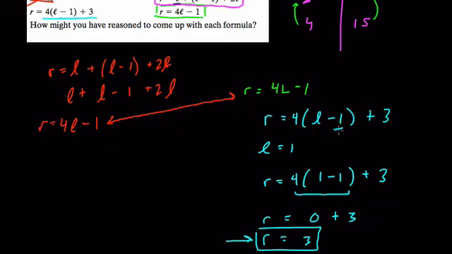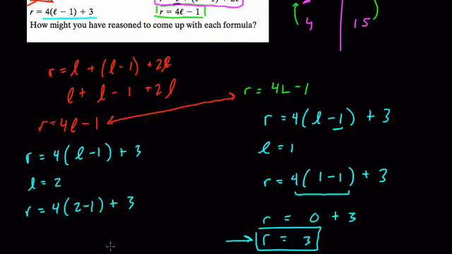So you subtract 1 from the length to get the 0, and then it's 4 past that. So the rods equal 4 times L minus 1 plus 3. If the length equals 2, let's just see how this formula works. That would equal 4 times 2 minus 1 plus 3. So 2 minus 1 is 1, so it's 1 group of 4 plus 3. That's the number of rods for 2 feet, which is 7.